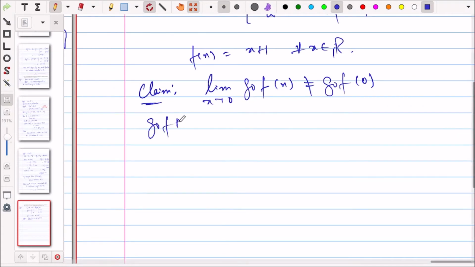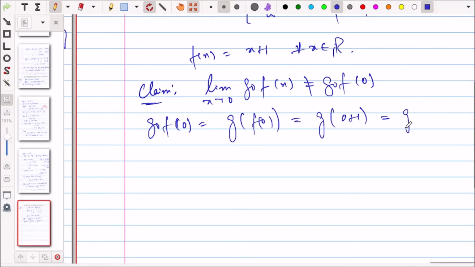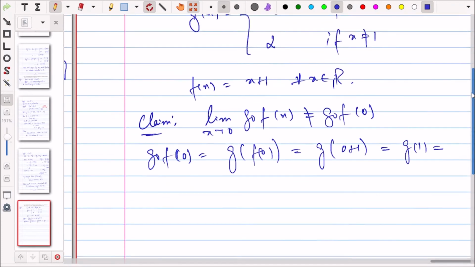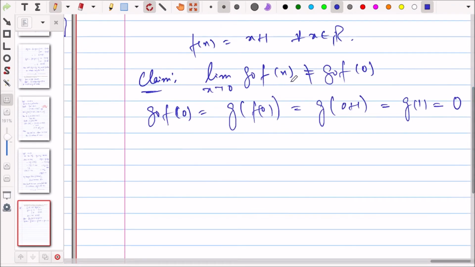g of f of 0 is equal to g of 0 plus 1, which is g of 1, and g of 1 is defined to be 0. So we have to show that the limit is not equal to 0.